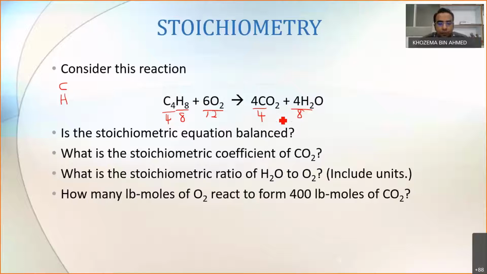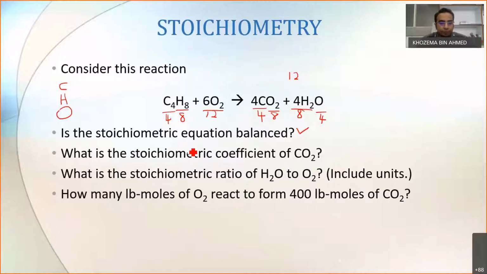This one I have 4 times 2, I have 8 oxygen. And then here 4 times 1, I have 4 oxygen. So 8 plus 4 is 12 oxygen. So my oxygen is also balanced. Meaning that, is this stoichiometric equation balanced? Yes, it is balanced. So you must be able to check and make sure you know how to balance the equation.